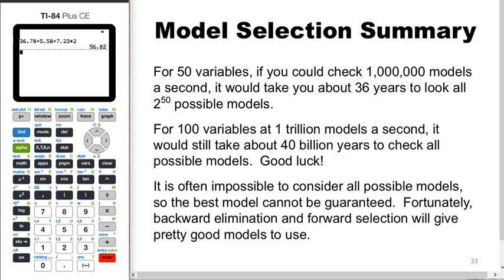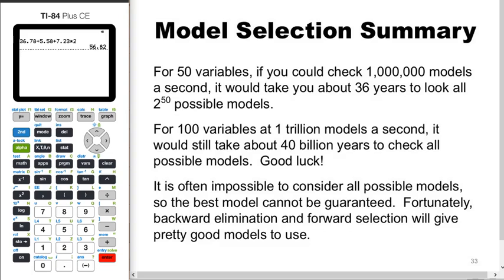Basically, the number of possible models is 2 to the power of the number of variables. If you had 100 variables and you happened to look at 1 trillion models a second, it would still take about 40 billion years to check all possible models. So have fun with that.